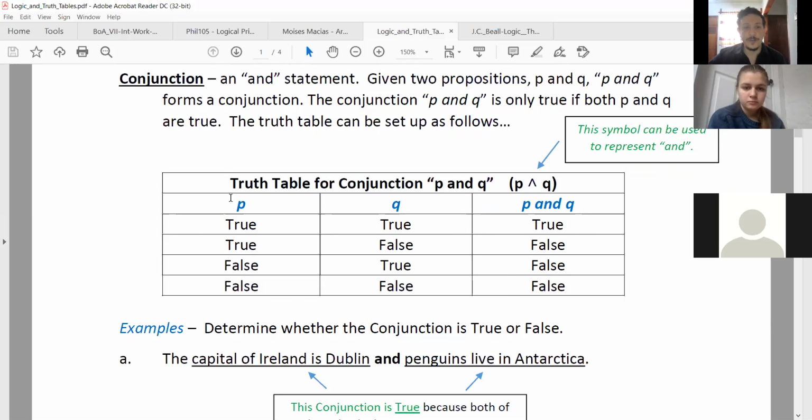So for example, suppose that you have a statement of the form P and Q, and you want to know what's the truth value of that statement. In order to determine the truth value of a compound statement, or molecular statement, which has to do with whether the statement has logical connectives inside it or not.